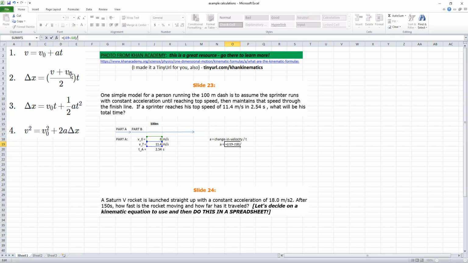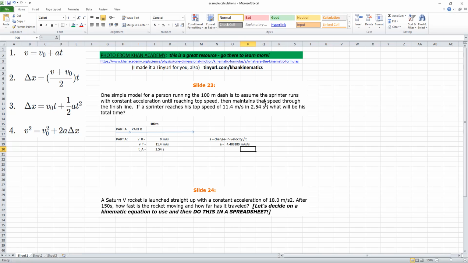Quantity divided by the time it took to change that speed. All right, and this is in meters per second squared. So that's the acceleration, so that's great. At that point, we assume that acceleration drops down to 0. But that's for part B.